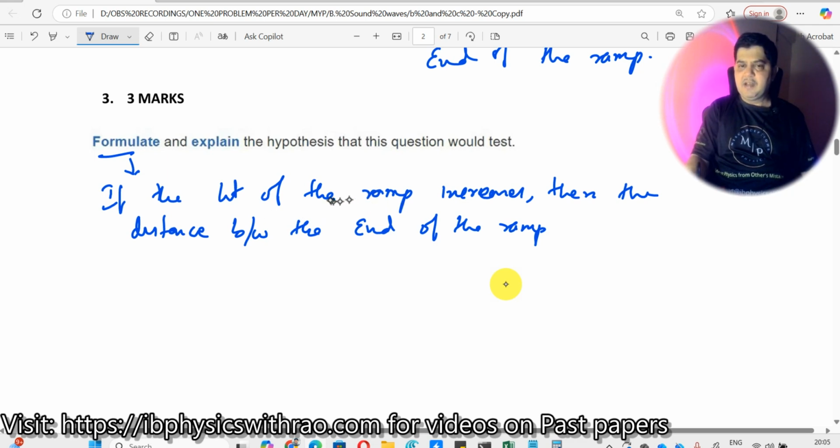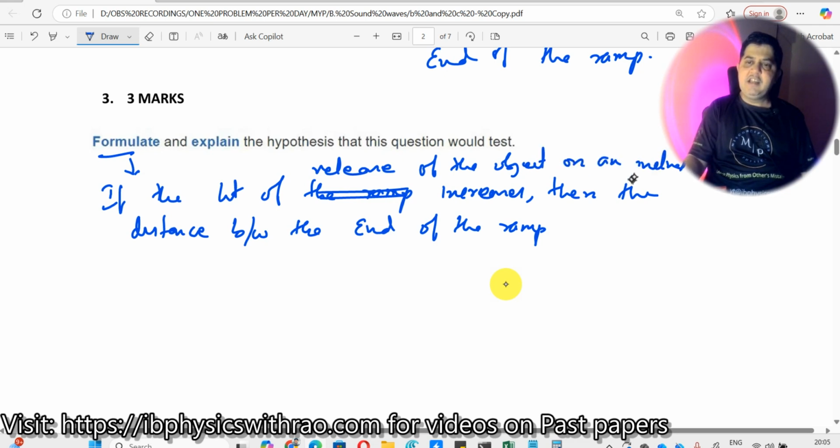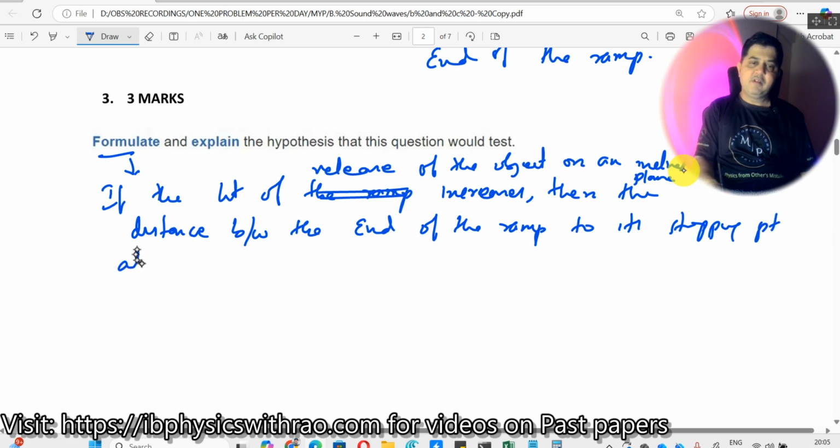I should write the height of release, because there also we use the same height. The height of release of the object on an inclined plane. See, this much we have to write. If I don't write this, then definitely we are not going to get the mark. Increases, then the distance between the end of the ramp to its stopping point also increases.